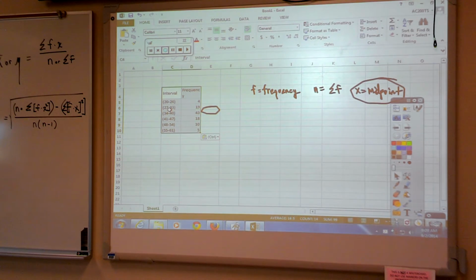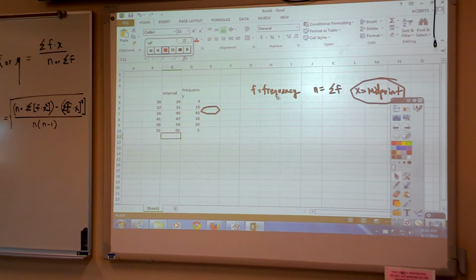Now, you can't use these numbers. Why? Because you don't have the midpoint. So what I tell students to do is do this. 20, 26, 27, 33, 34, 40, 41, 47, 48, 54, and 55, 61.